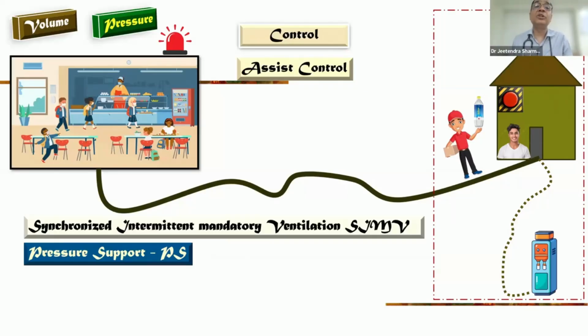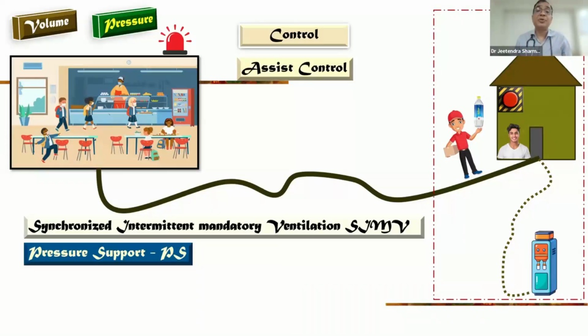Depending on which assist control mode, volume or pressure, you selected beforehand as your backup ventilation, it will go into that. Even after the patient becomes active and triggering, pressure support will not be triggered. It will be triggered as assist control. So every time he will get 1 liter rather than 500 ml, which is part of pressure support. That is the main feature of this, and nurses need to know.